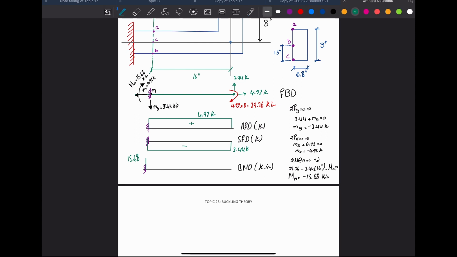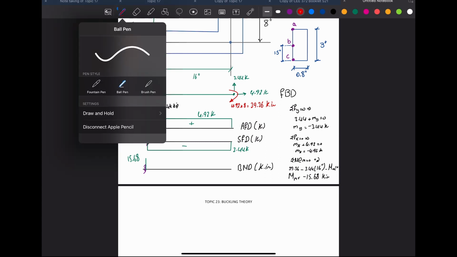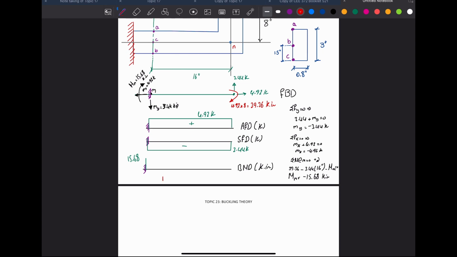So let me say at the end here I'm going to name it N. I want to find the moment at N, so I'm going to say 15.68, which is this moment, minus the shear area. The shear area is 3.44 times 16.